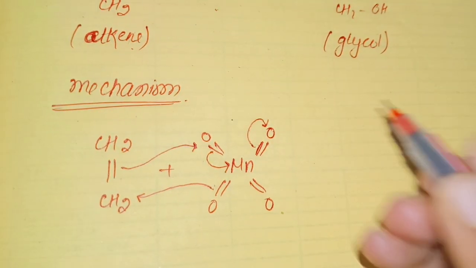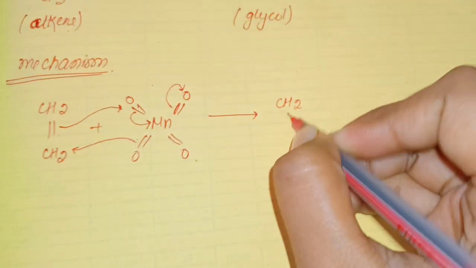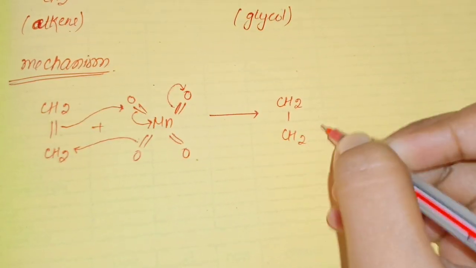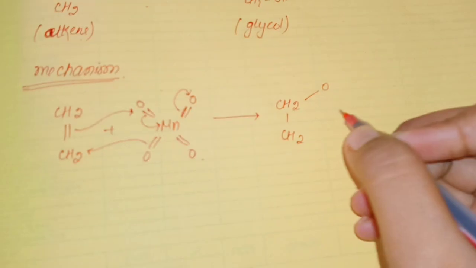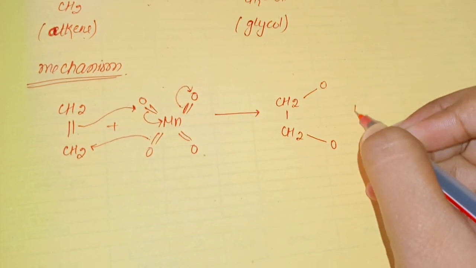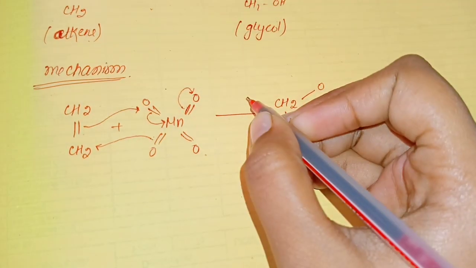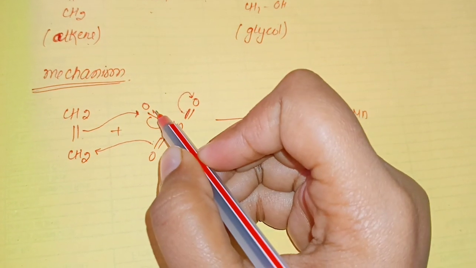If I write it clearly, it looks like this: CH2 bond O, CH2 bond O, with Mn having a single bond present here.